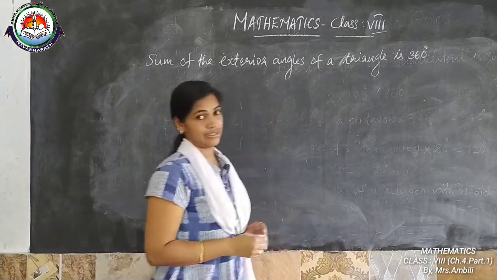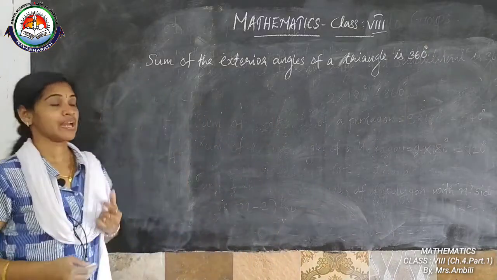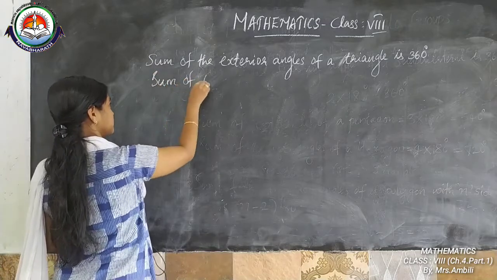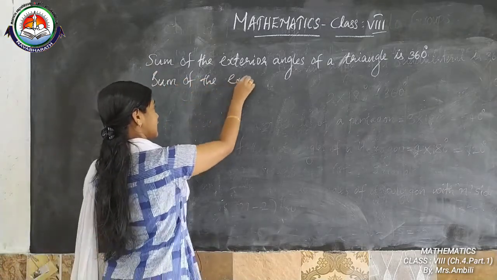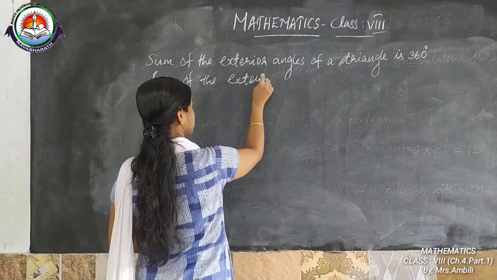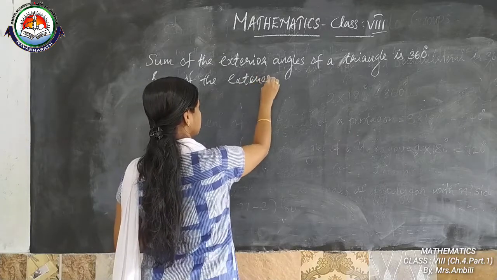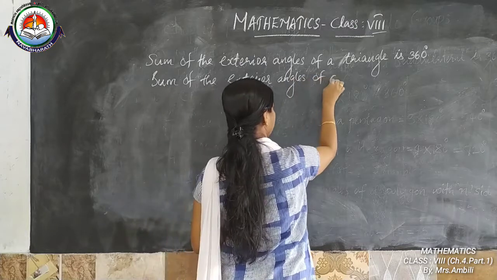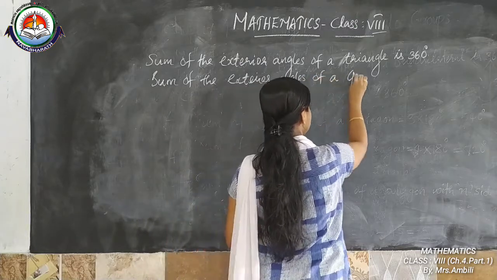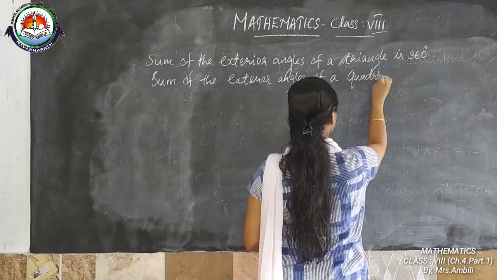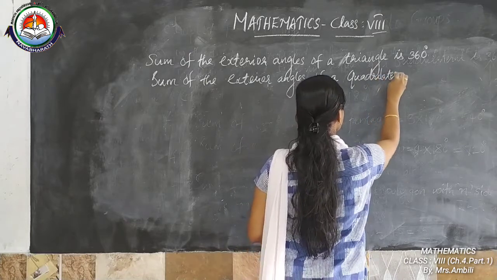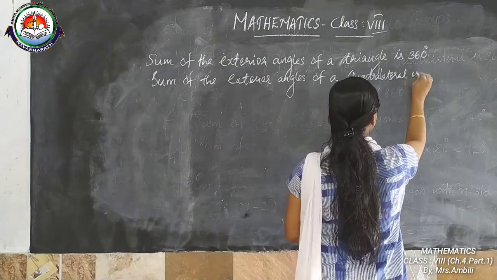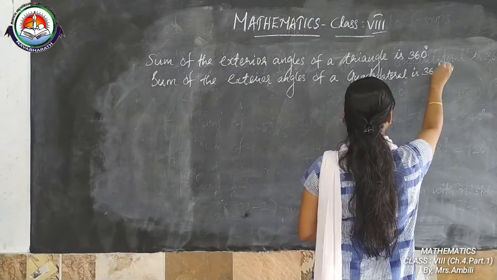That we already studied. In the last class we also studied the sum of the exterior angles of a quadrilateral. How much? It is 360 degrees.